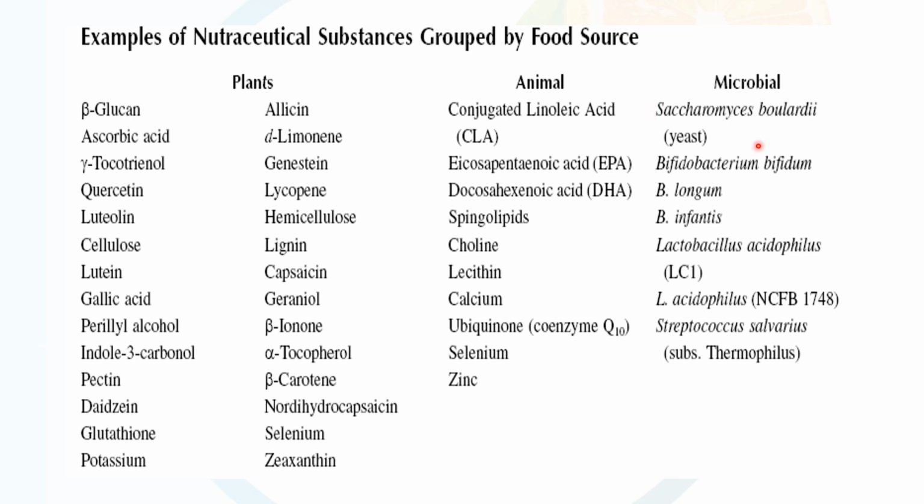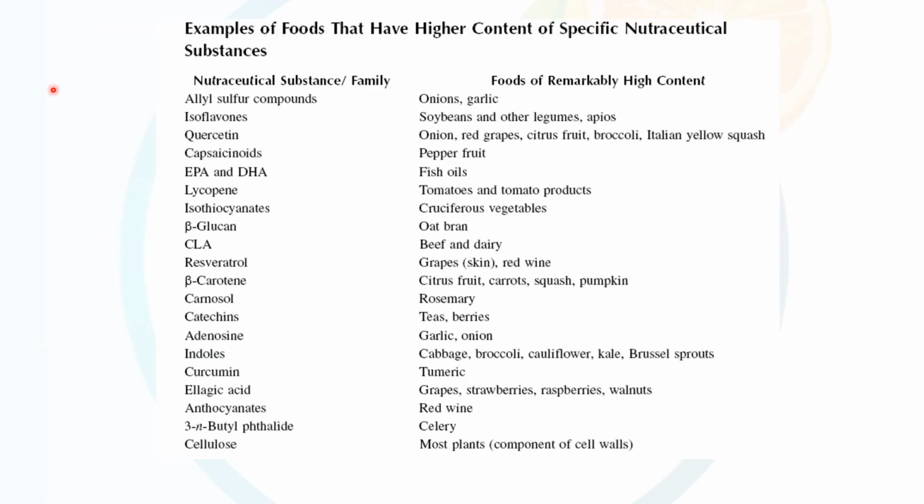And microbial, here you can see there are various sources. Next, focusing on nutraceutical substances like EPA and DHA, which I mentioned earlier, these are extracted from fish oil. Lycopene is very rich in tomatoes, tea is rich in catechin, and isoflavones are in soybean.